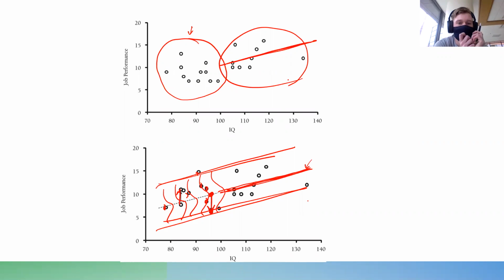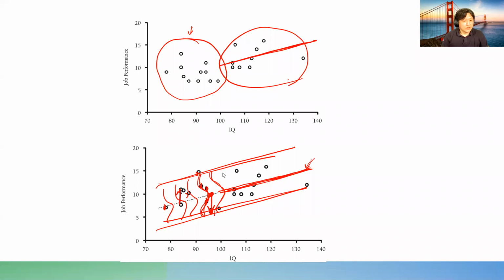Using the complete data, we find the regression line, and then we assume this regression line has some normal distribution. So we randomly sample the error values from that normal distribution and then add them. So this is stochastic regression imputation. This stochastic regression imputation is used for the multiple imputation method.